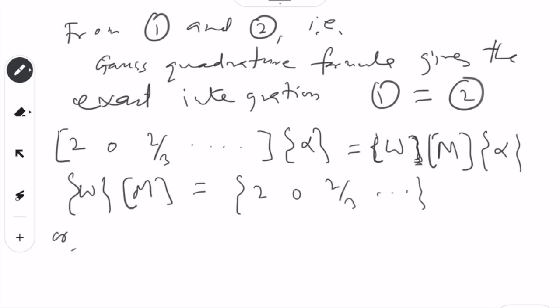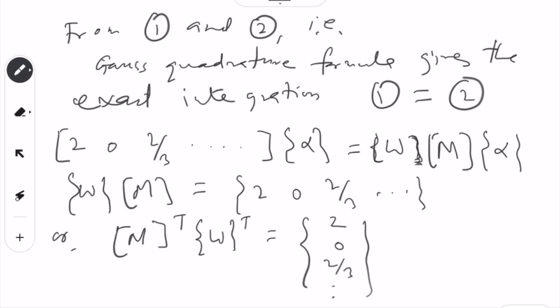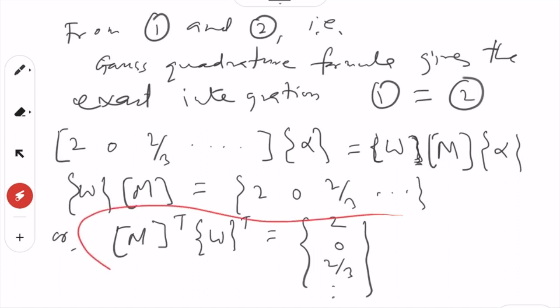Or you can take the transpose, so you get M transpose and then W transpose equal to simply 2, 0, 2 over 3, and so on. This gives you the relationship, and tells you how to get weight values like W1, W2, W3.